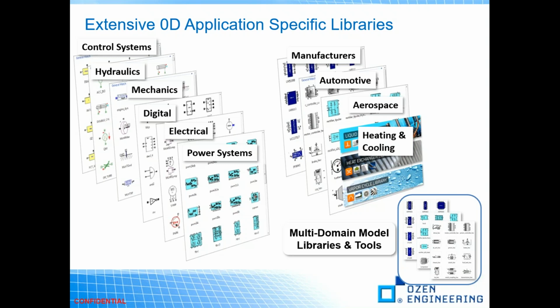Essentially, these are multi-domain model libraries and tools available for you to use in Twin Builder. How to use these models is really simple. You just open the library and drag and drop it on your diagram, and you can also change the attributes and specifications of different components.